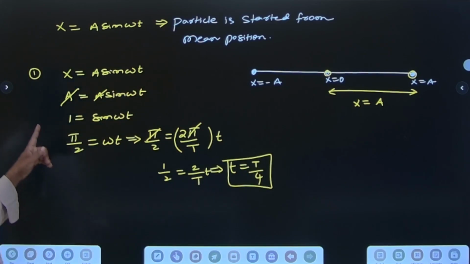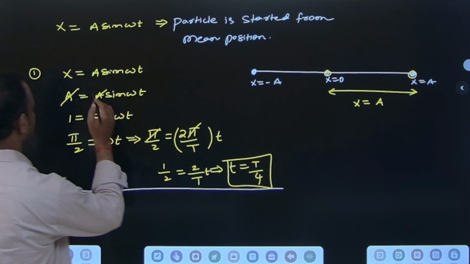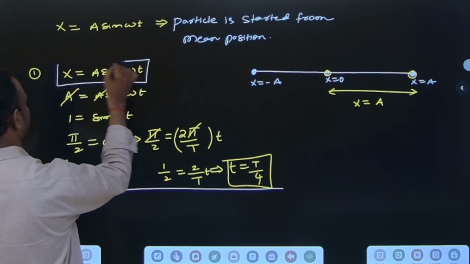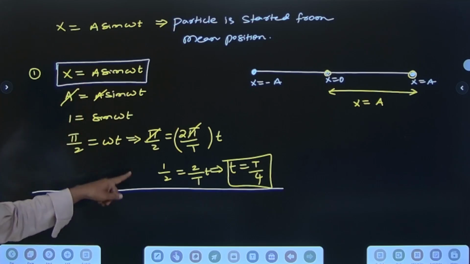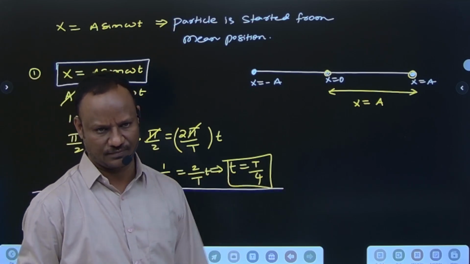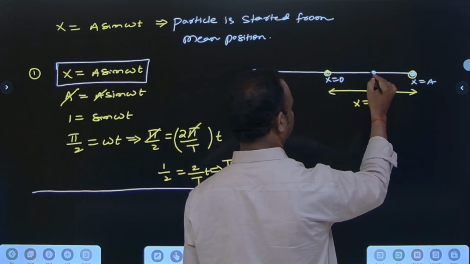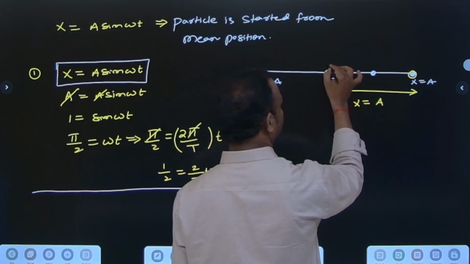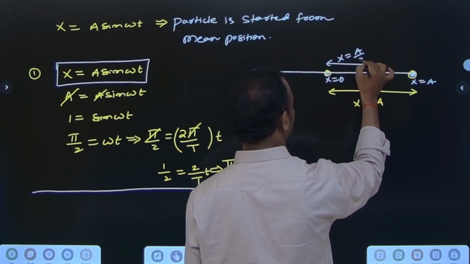So x is equal to A sin omega t, then t is equal to T by 4. For example, if I ask the question here, what is the time for displacement x is equal to A by 2?